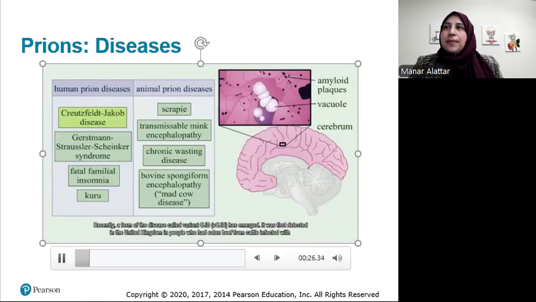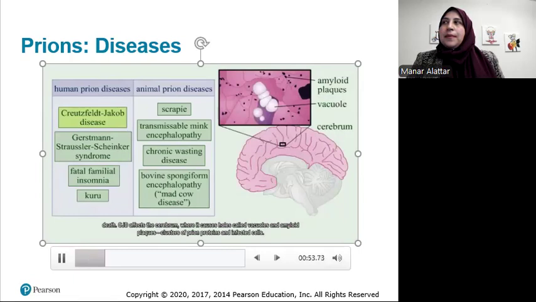It was first detected in the United Kingdom in people who had eaten beef from cattle infected with bovine spongiform encephalopathy, so-called mad cow disease. Once the first symptoms are seen, both variants of CJD progress very rapidly from onset to disability to death. CJD affects the cerebrum, where it causes holes called vacuoles and amyloid plaques, clusters of prion proteins and infected cells.